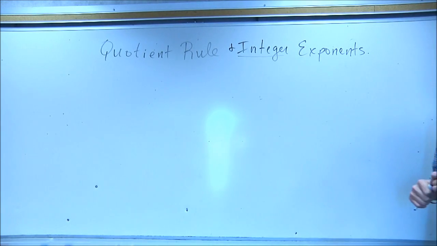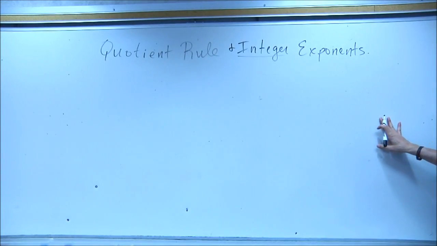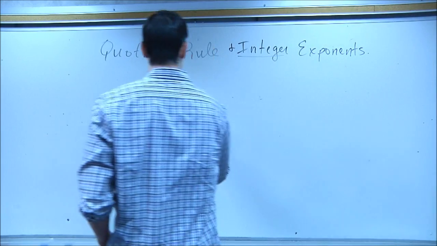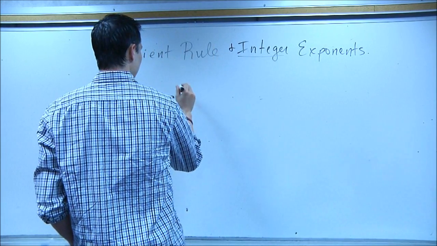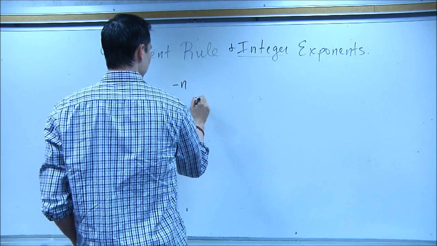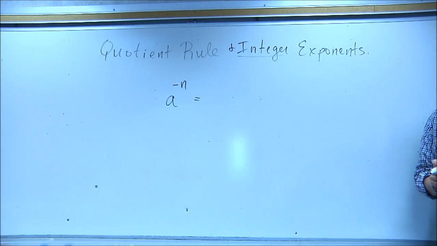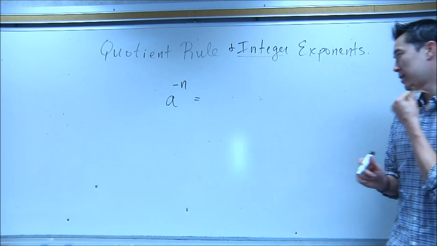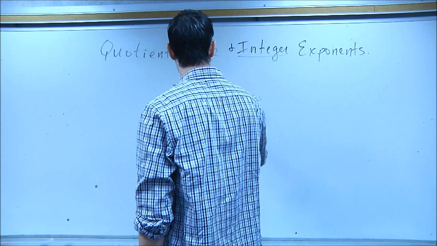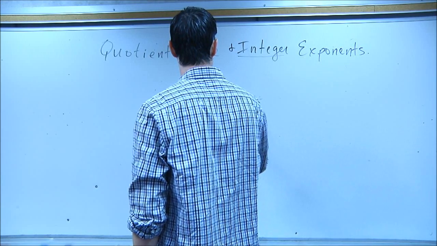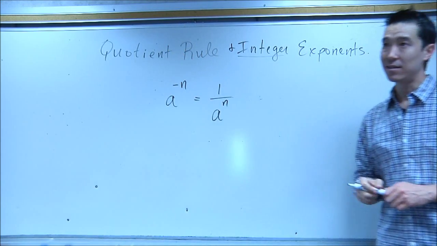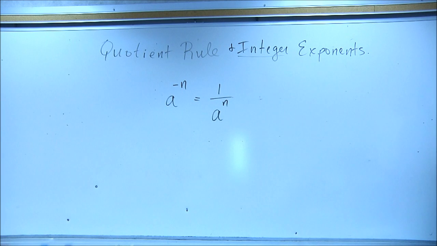So we have a couple of definitions, and let's just go right into it. If I have a to the negative power, a negative exponent, the meaning behind this is 1 over a to the n, okay? This is our rule for negative exponents.